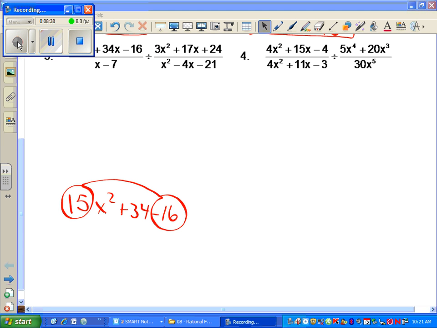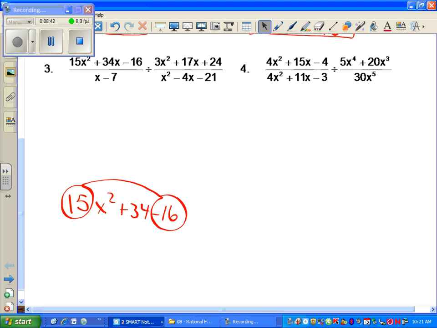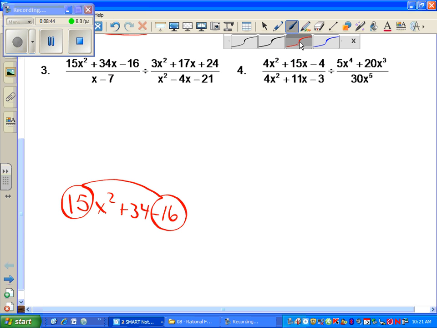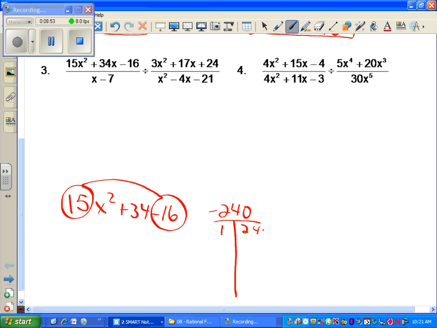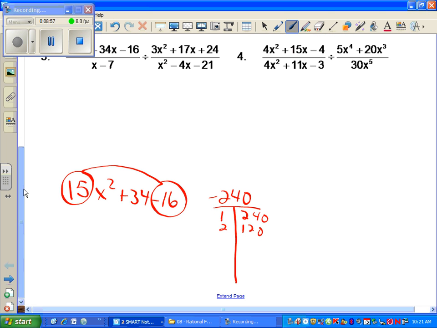Okay, so 15 times negative 16 is negative 240. Then you would list the factors. 1 and 240. 2 and 120. 3 and 80. And keep going till you find it. You can pause and keep going till you find it if you would.